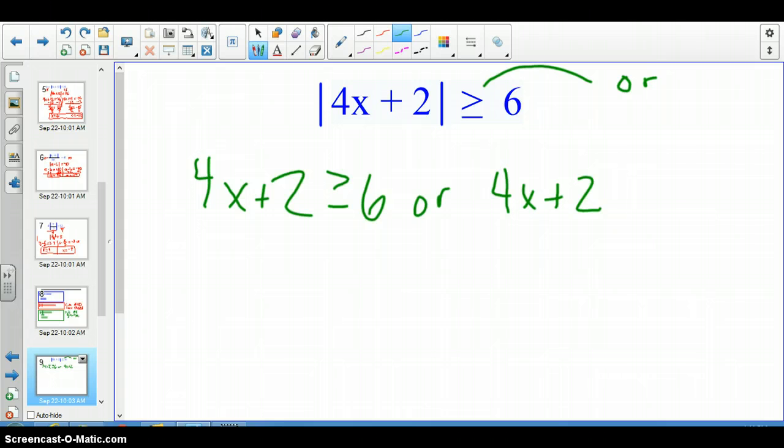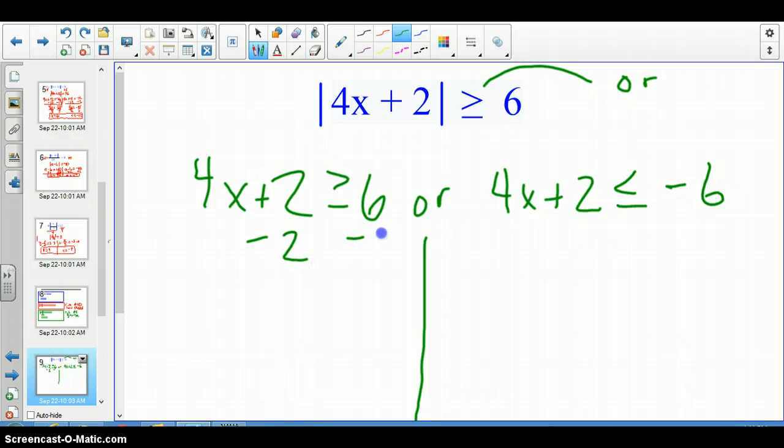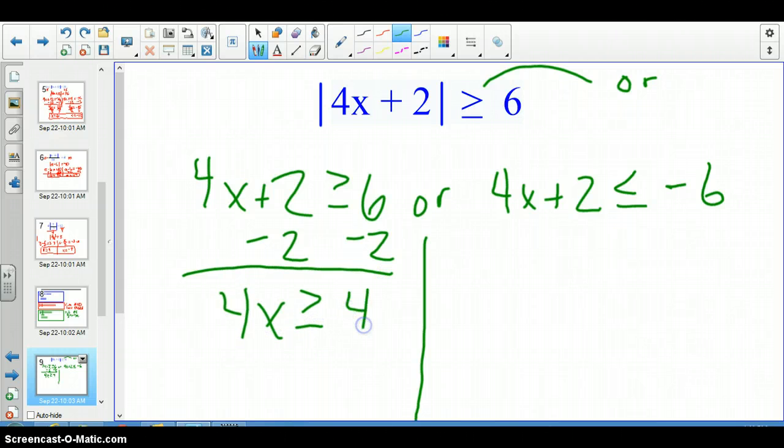Now, here's where it gets a little tricky. For the second inequality, we are going to flip it. So less than or equal to negative 6. So just like the equations, where we set them equal to 6 and the opposite of 6, for that second inequality, we have to change the inequality symbol. So now I'm going to subtract 2 from both sides and divide by 4.